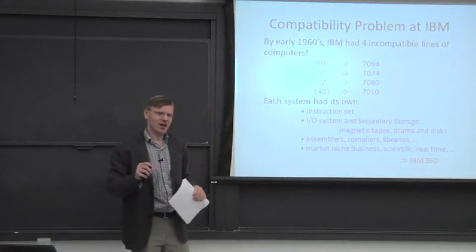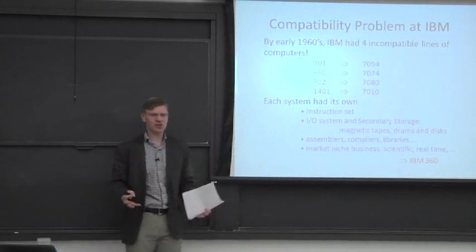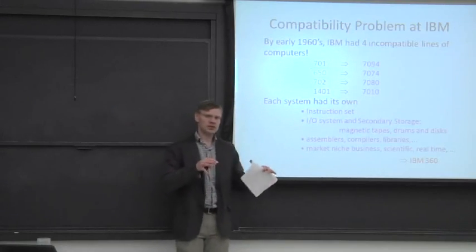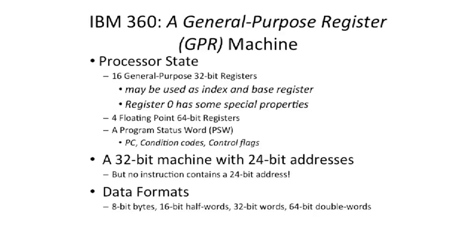So they could unify a lot of their software systems, unify a lot of what they built, but still build different versions. So let's take a look at the IBM 360 instruction set architecture, and then talk about different microarchitectures that have been built of the IBM 360.